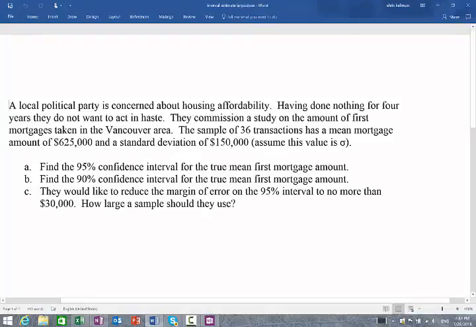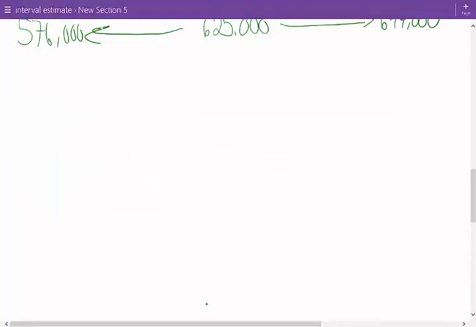Part C says they would like to reduce the margin of error on the 95% interval to no more than 30,000. How large a sample should they use? The no more than 30,000 we'll talk about, but it gives us a convention that we have to use when finding sample size. So it's really just an exercise in algebra. We'll write down our formula.